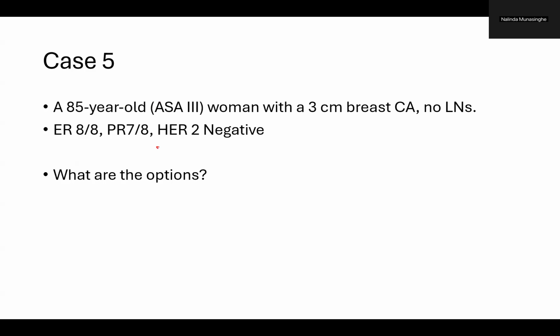Okay, another case. So now this is an 85-year-old woman who is ASA3 with a 3 centimeter breast cancer, no lymph nodes, ER positive, and HER2 negative. So what are the options?